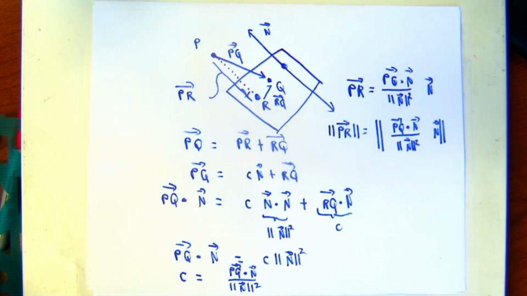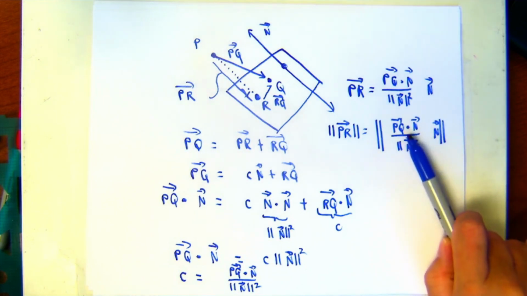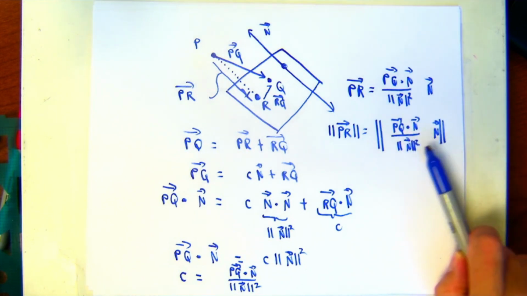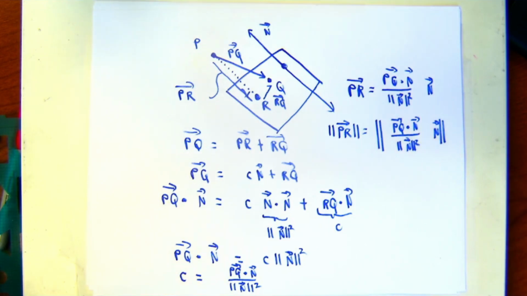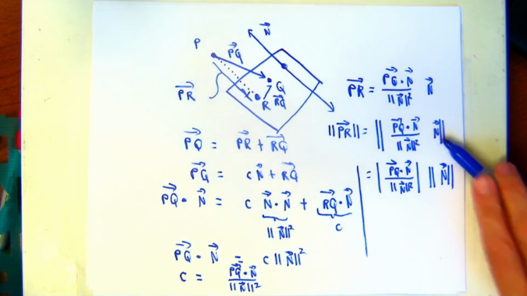One of the things, though, that we figured out about magnitudes of vectors is this. The magnitude of a number times a vector is the absolute value of the number multiplied by the length of the vector. This n is that n.